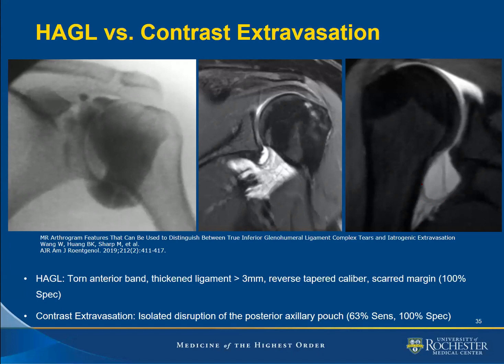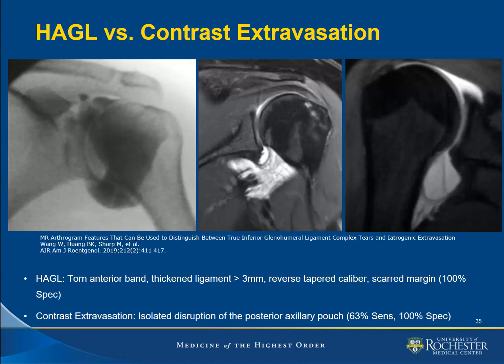And usually you're doing these MRI arthrograms on patients who may have had instability episodes. So you'd be unsure, are you looking at an inferior glenohumeral complex injury, or is this simply just contrast extravasation from over-distension of the joint with contrast permeating into the axilla?